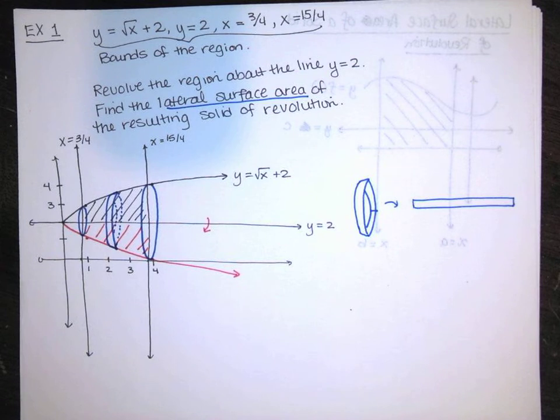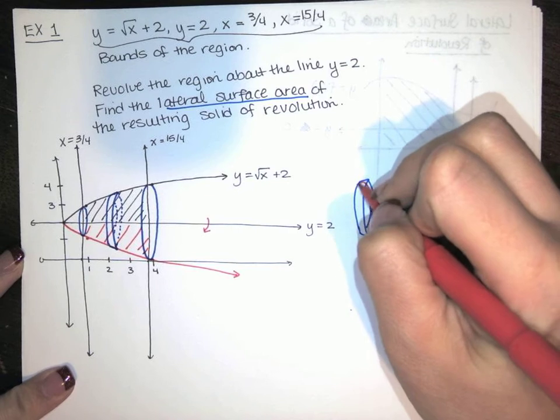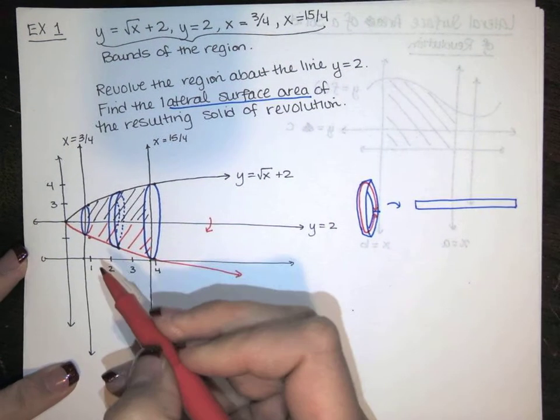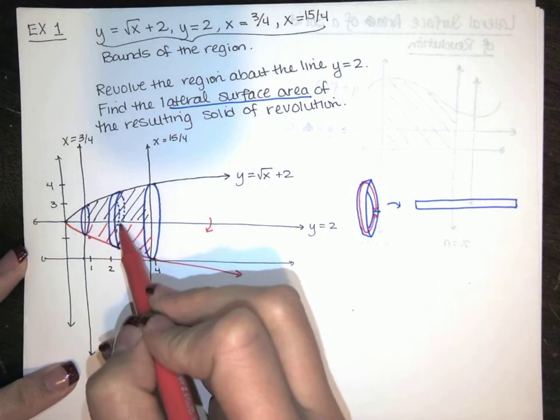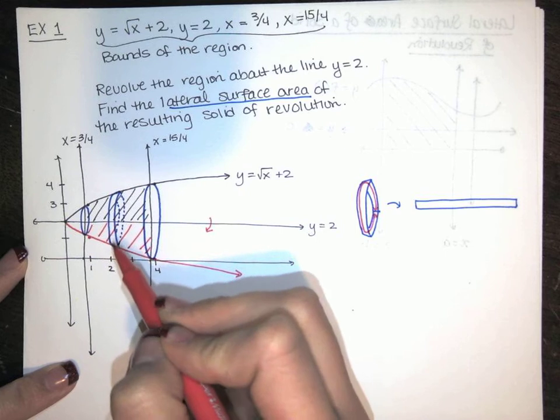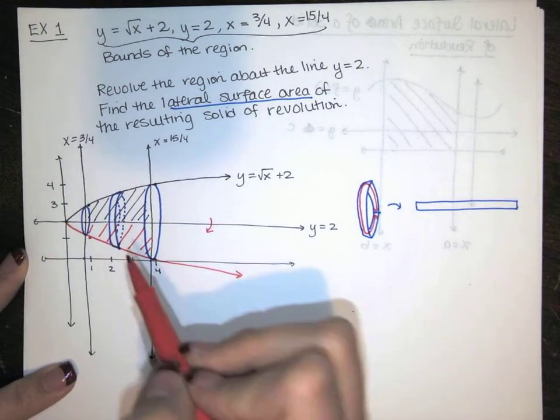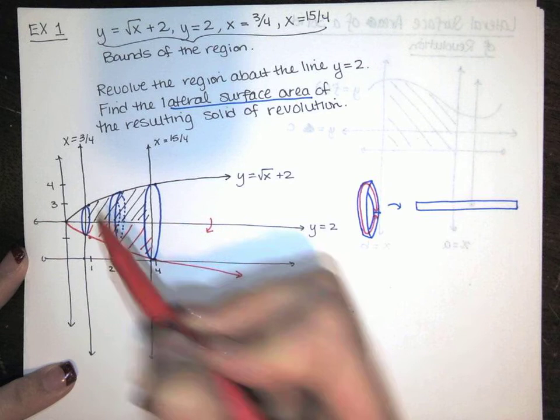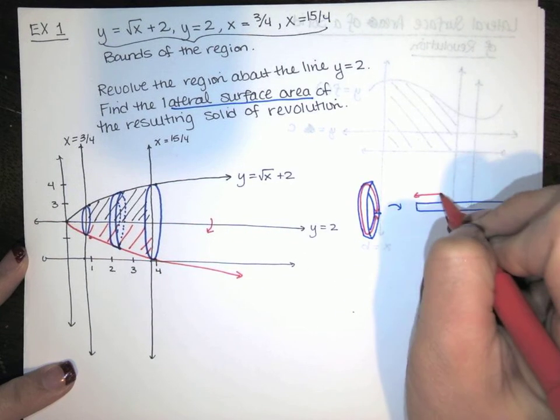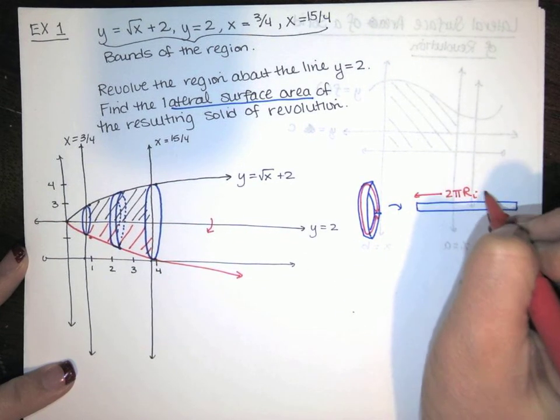Okay, so then the question becomes, well, what are these dimensions? Well, this dimension all the way around, that was the circumference of that little disc. If I was using the disc method, I'm slicing the same way that I would slice for the disc method. It's going to be the circumference of that disc. So it's 2 pi times the radius.